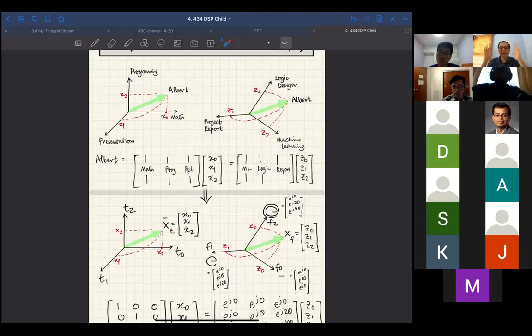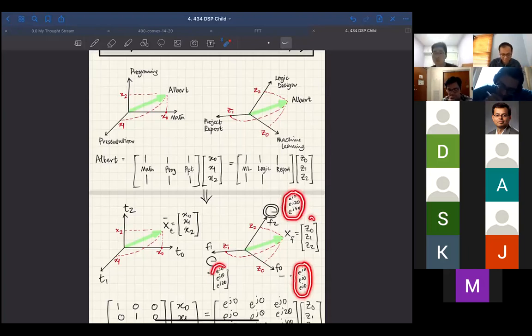Again, any signal, this green signal, can be expressed as a sum of a bunch of rotations. And these rotations individually can be expressed as a vector, where each of these vectors are rotations at integer multiple speeds.